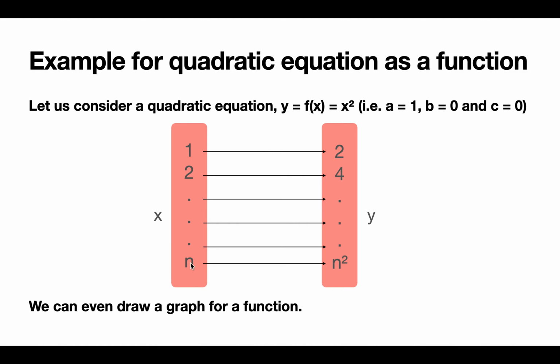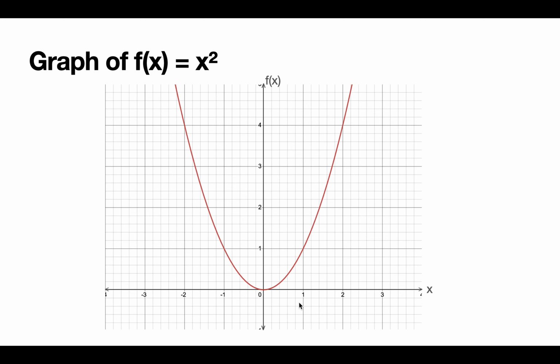And if I put an arbitrary value n, x squared is n squared. So every element in x is related to an element in y, and every element in x only has one image in y. I hope you understand. Similarly, we can even draw a graph for a quadratic function. We'll see it on the next page.